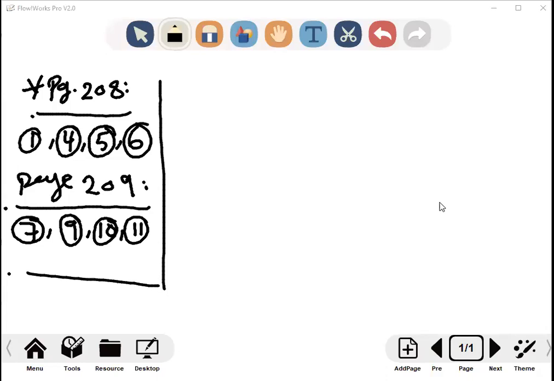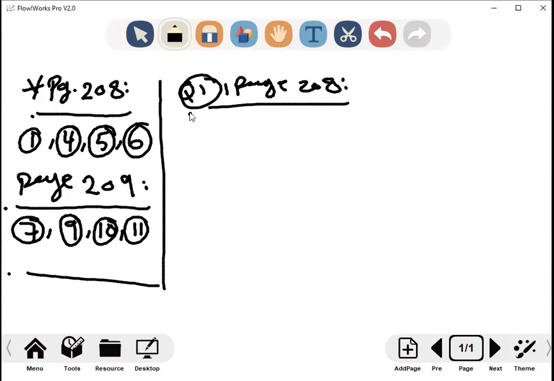Let's start with question 1, page 208. Let's read the question together. Which is the graph of the function f of x equals negative x power 2, negative 2x plus 3?